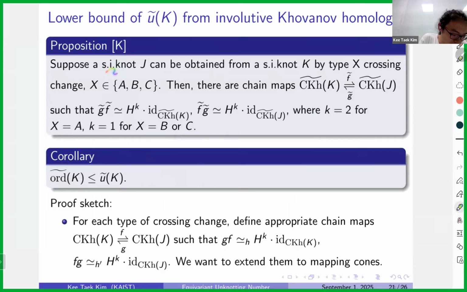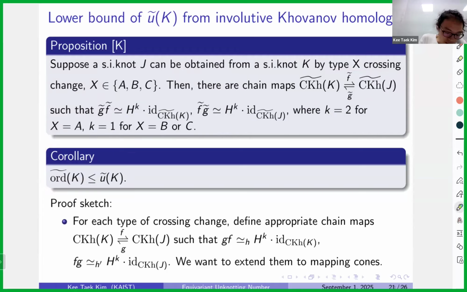If we have a strongly invertible knot J, which is obtained from knot K by a type A, B, or C crossing change, then a similar statement holds for the involutive Khovanov chain complex, but in this case k should be 2 for a type A crossing change, and k can be 1 for a type B or C crossing change. So by the same reasoning, a similar corollary holds for the equivariant side.